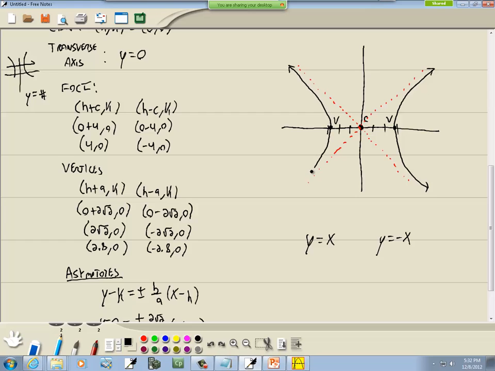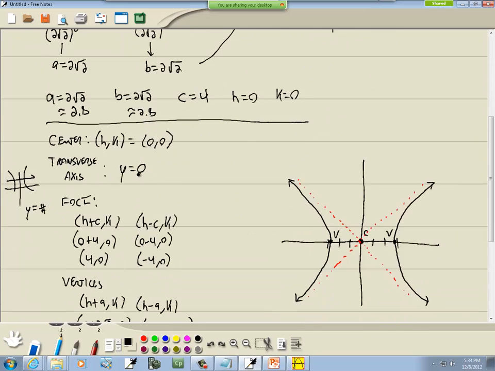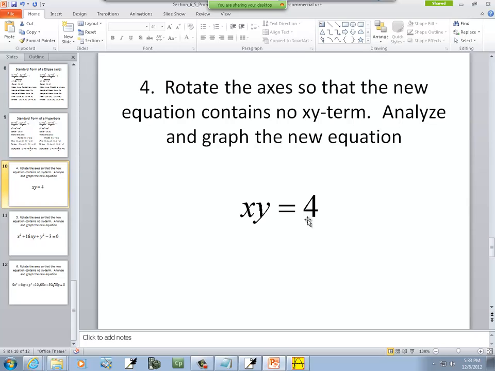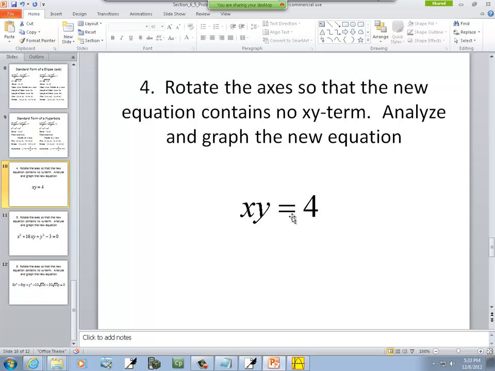Our graph would look like this. Now that's not what our original graph looks like. I don't even have our original graph up here. That was xy is equal to 4. But if we take this and we rotate it 45 degrees, that'll give us our graph of this.